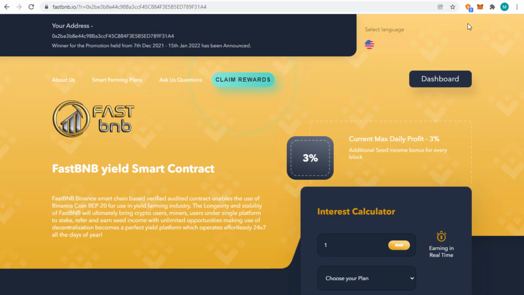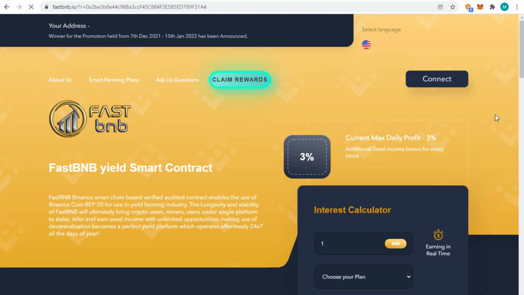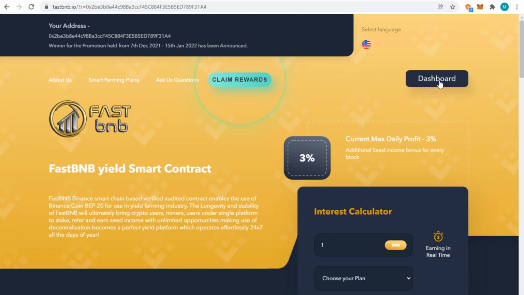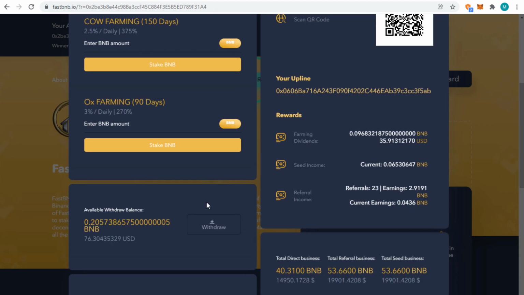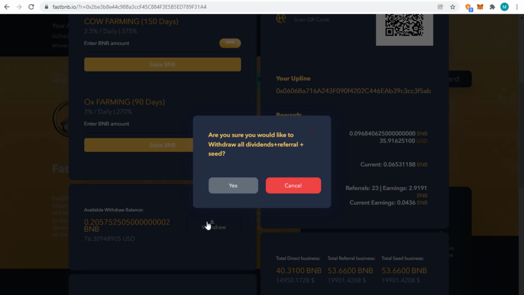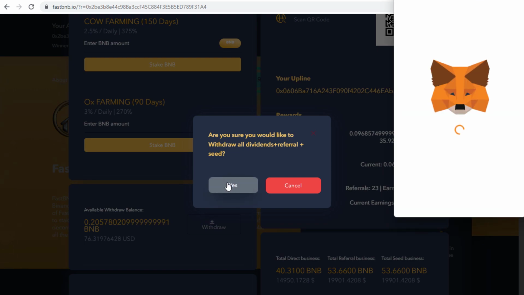Okay, another question was on how to check the gas fee. Let's look at it. Let me refresh this for a second. Let's say I go to the dashboard and scroll down, and let's say I'm going to withdraw this. I'm not going to withdraw it, but let's say I am. So I click on it and say yes.